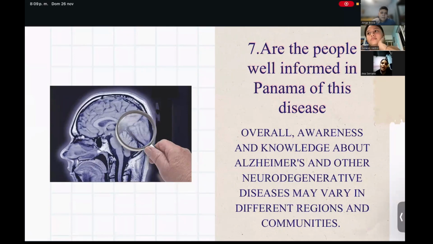Are the people in Panama informed about the disease? Awareness and knowledge about Alzheimer's, another neurodegenerative disease, may vary in different regions and communities. In Panama, as in many other places, awareness of Alzheimer's likely depends on factors such as education, exposure to medical information, and the presence of awareness campaigns.